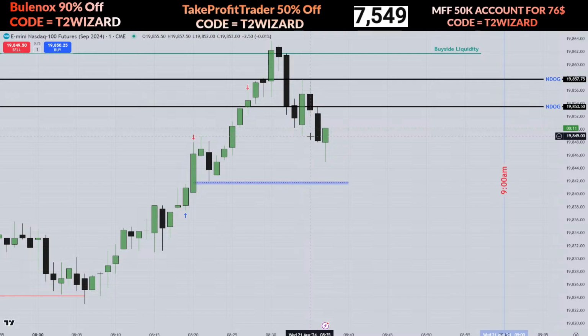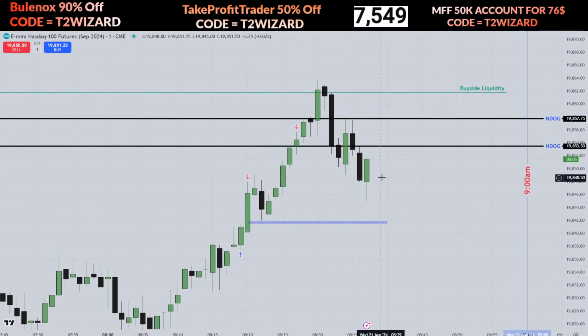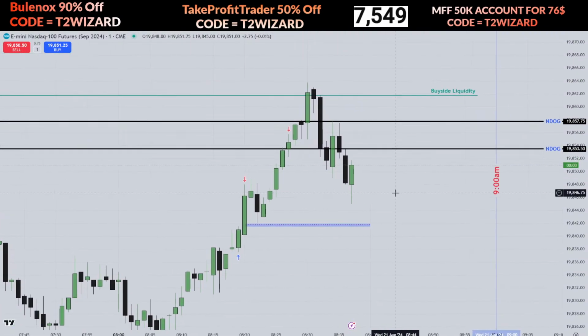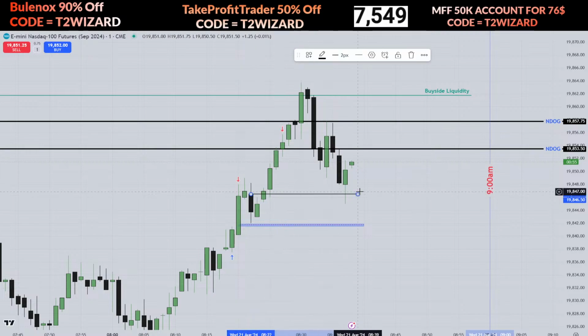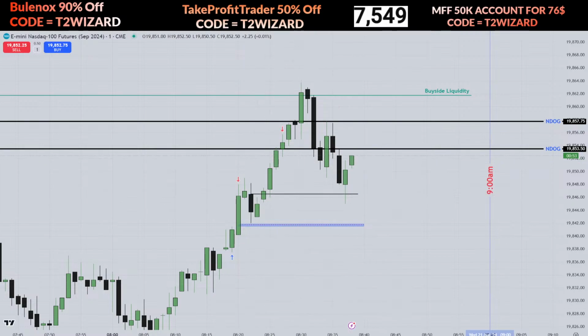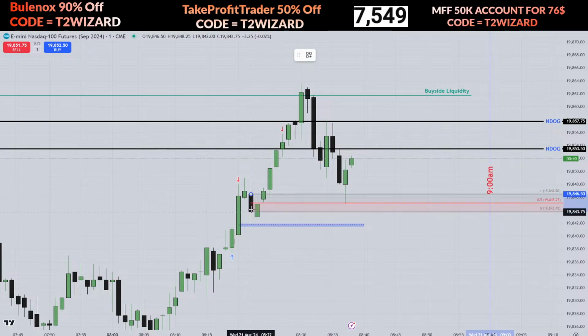So here this is the market structure shift. Let's see if the market can make a fair value gap over here or not. This is the order block as well. Mark that order block here, this one. Where is your mean threshold of that order block? Here to here.